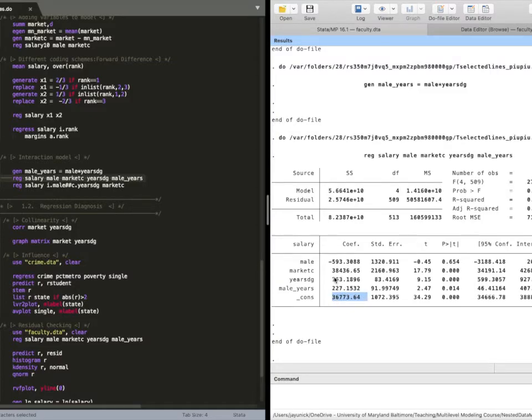But for men, each additional year, they get their $763 raise, but they get an additional, above women, $227 raise. So they're getting about $1,000 more, whereas women are making about $760 more.